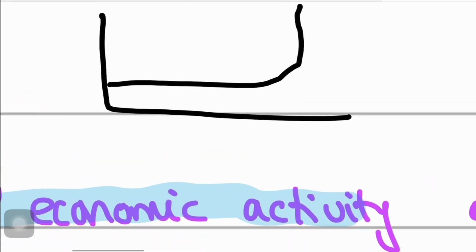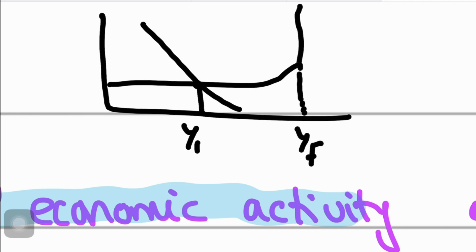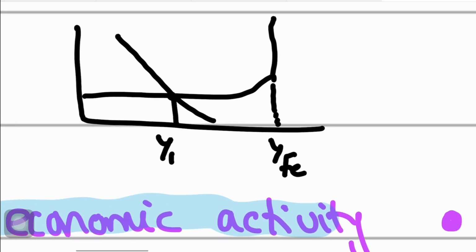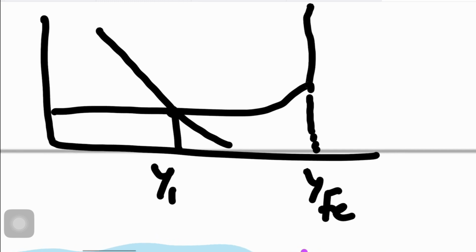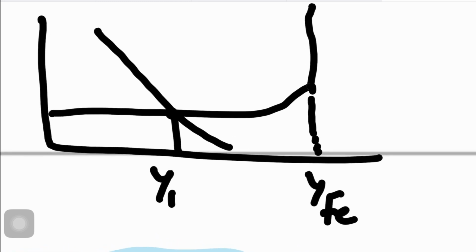So for example, let's say that this is your aggregate supply curve. For instance, if the level of aggregate demand in the economy is somewhere over here, and your GDP is quite below the full employment level of GDP, then policymakers have a lot of room right now to play around with aggregate spending in the economy so that they could stimulate AD to increase or to close this negative output gap.